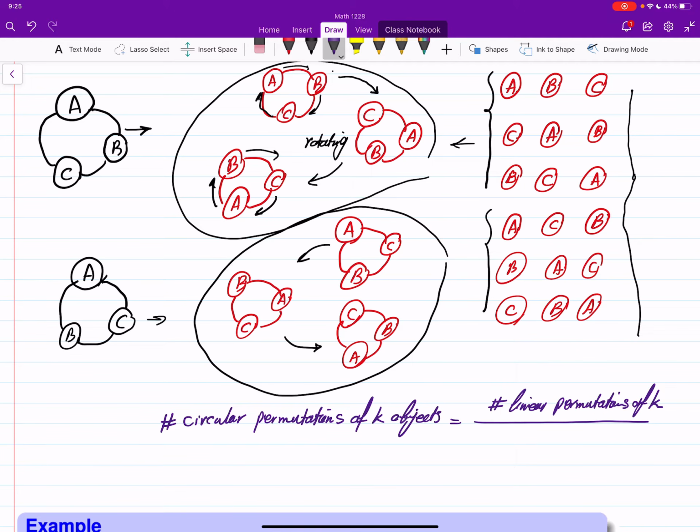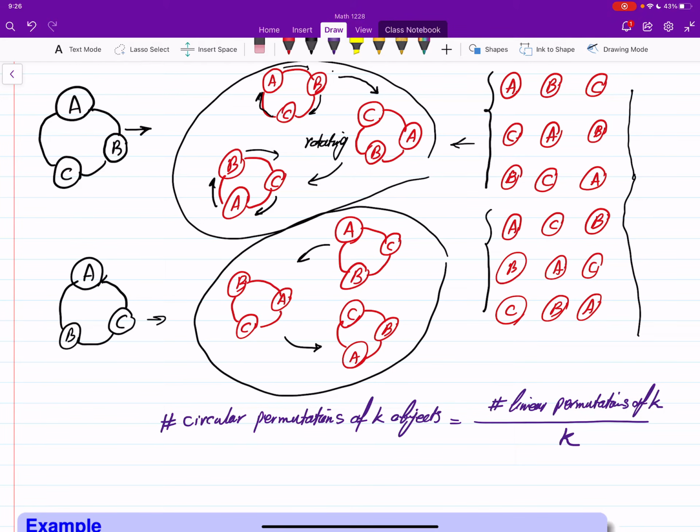Each one, you rotate around the circle, so each one will give you k copies. So this is the general idea that you should keep in mind.